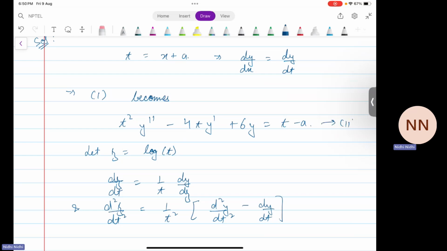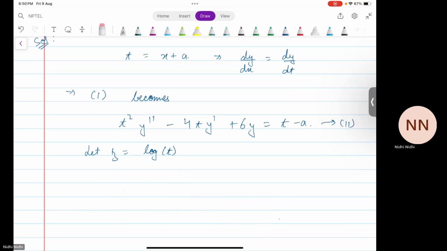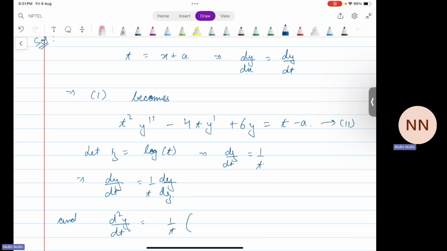Let's write it again. So from here we get dy/dt = dy/dz times dz/dt, which was 1/t. dz/dt is equal to 1/t. And d²y/dt² is equal to 1/t as it is, d²y/dz², derivative of z with respect to t, 1/t, plus dy/dz as it is.